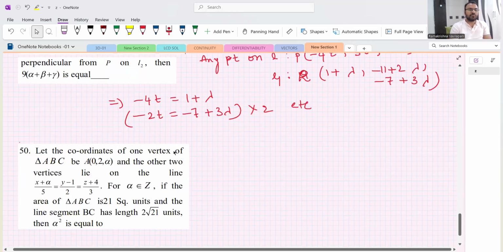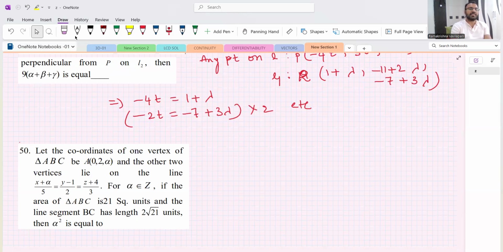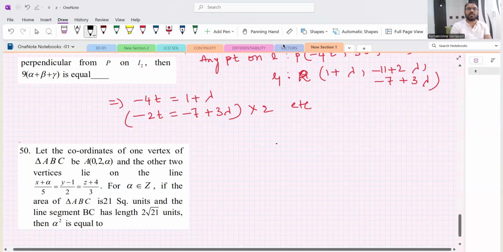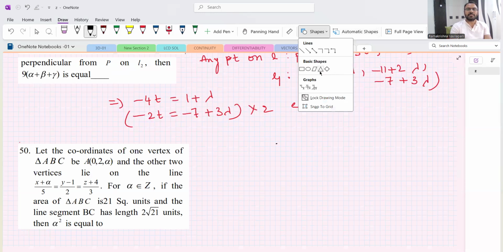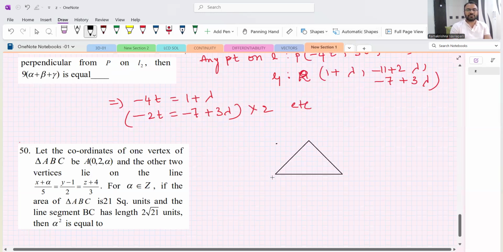Let the coordinates of one vertex of triangle ABC be A(0, 2, alpha) and the other two vertices lie on this line. For alpha belongs to Z, if the area of triangle ABC is 21 square units and the line segment BC has length 2 root 21, then alpha square is equal to. Well, we need to find the perpendicular distance from a point.